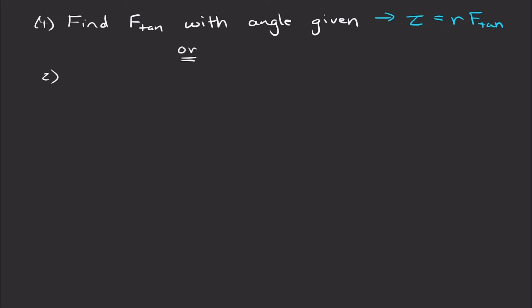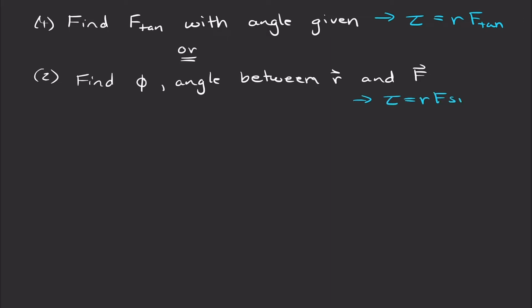Or we could use what's given to find the angle phi, which is the angle between the vectors R and F, and then plug into tau equals R F sine phi. In my opinion, this is always the easier one to do because it usually just involves some basic geometry. Now R, just for some language, is sometimes called the moment arm or the lever arm.